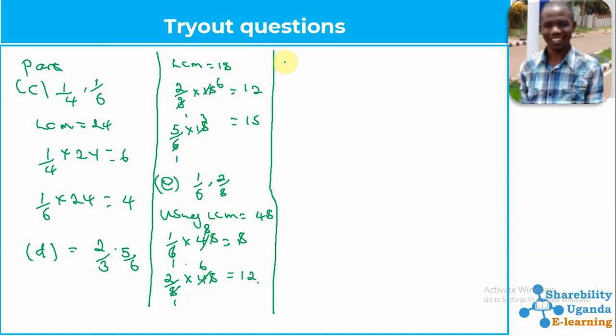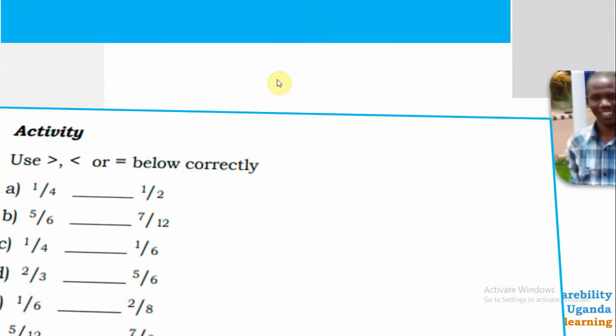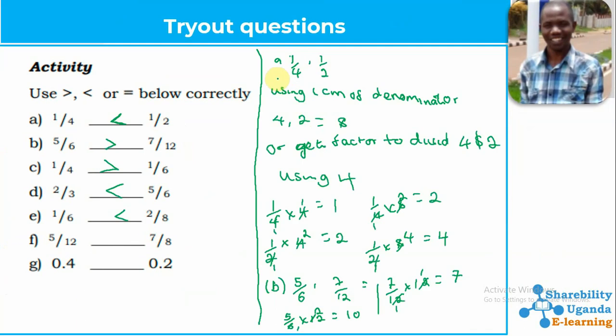The other numbers we have were 5 out of 12 and 7 out of 8. Is that right? 5 out of 12 and 7 out of 8.